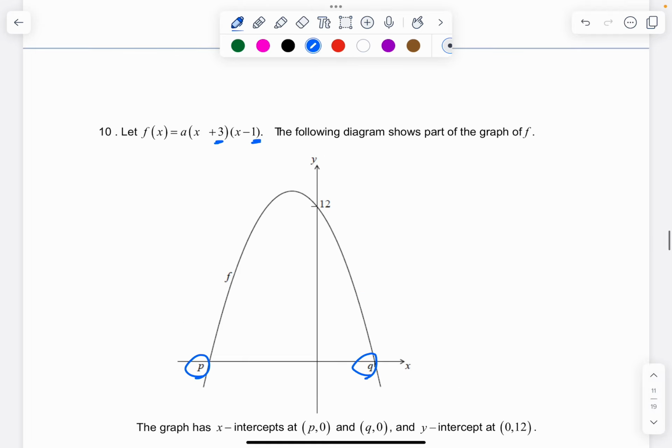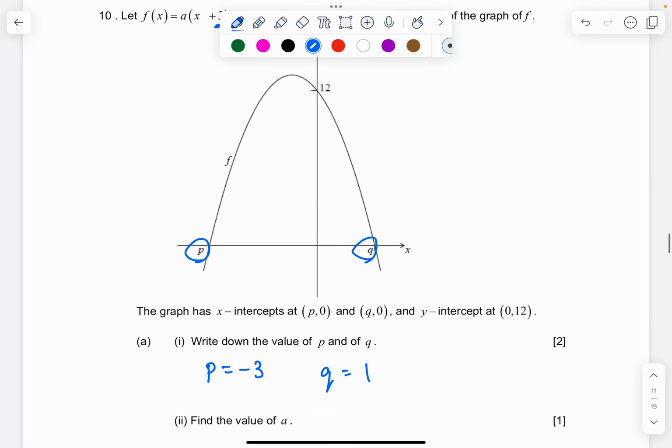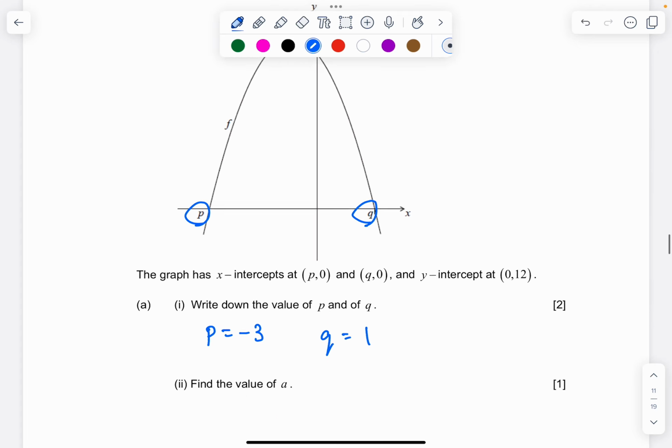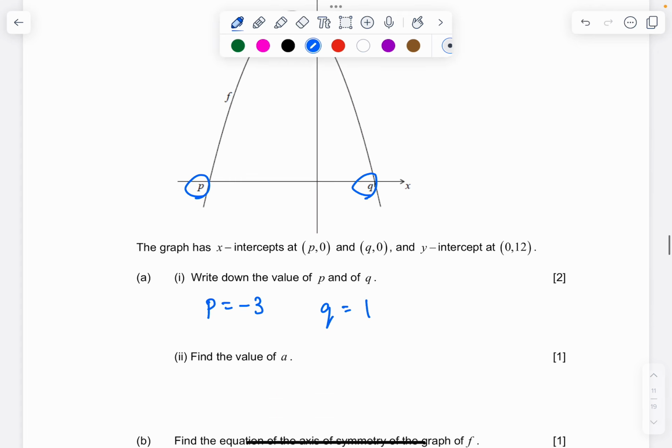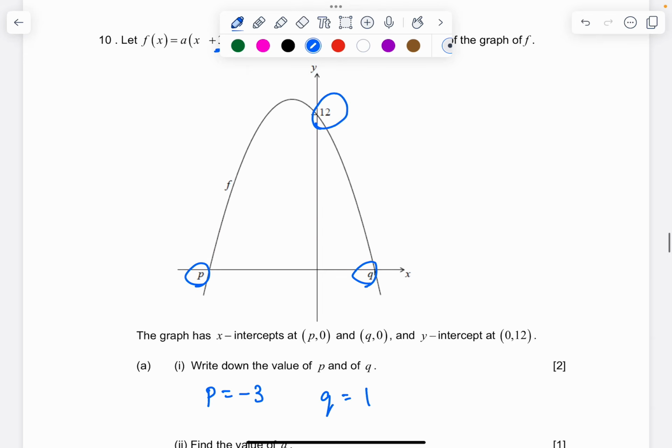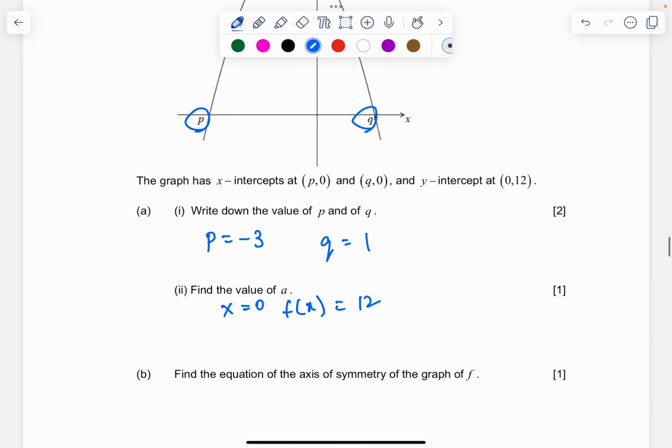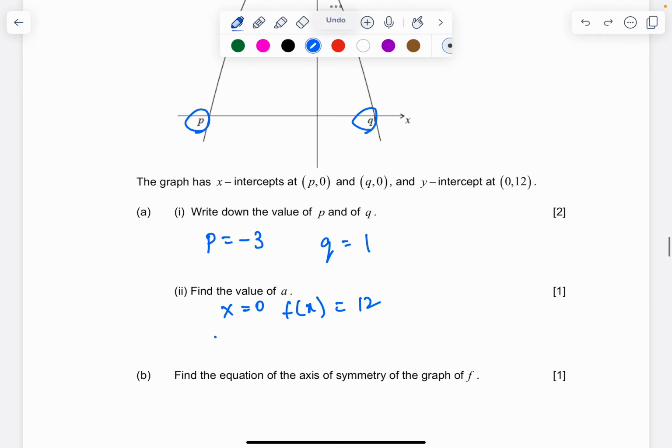So find the value of a. When x equal to 0, you can see that f of x is 12 in the question. So using that information, we will find what a is.